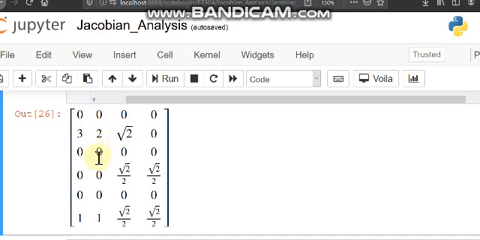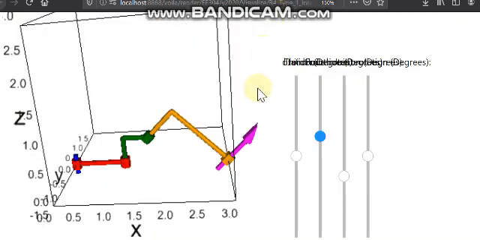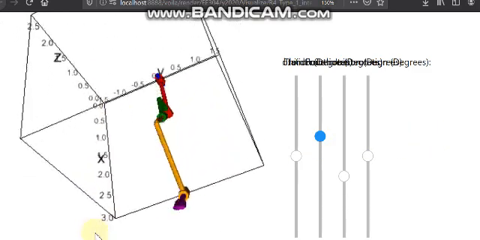Now at this point, one might be interested to know why there is this variation of 3 and 2 here. In the first case it was 3, in the second case it was 2. Why is it so? To understand this, let us go back to the app, and let me take the top view of it.